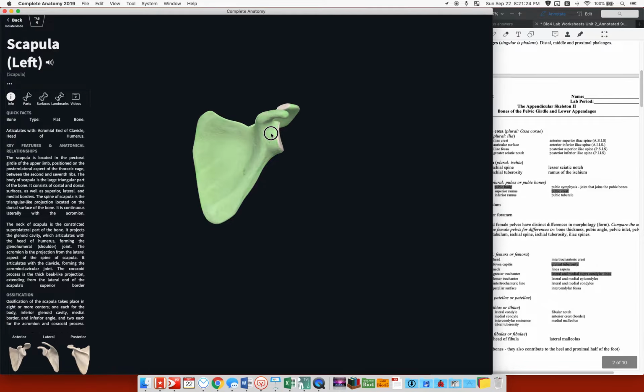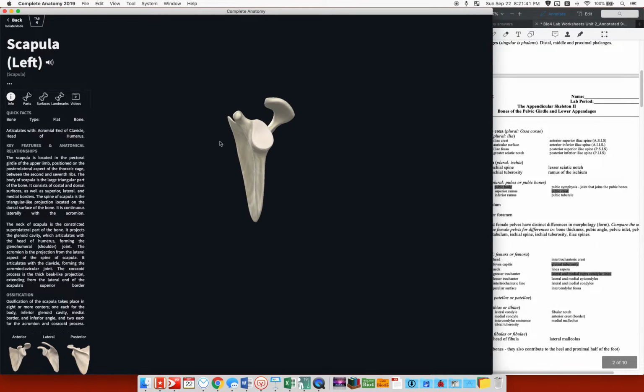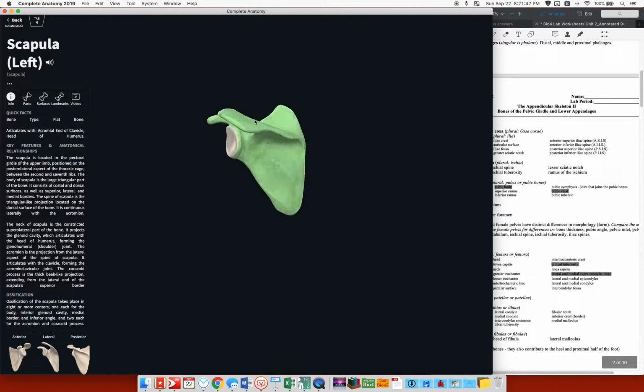Okay. Another way you can tell is these processes, the coracoid process and the acromion, should point outward, point laterally. So this is lateral, this is medial. So this is the left scapula. Okay. Again, this is the coracoid process, shaped like a beak, raven beak. This is the acromion.